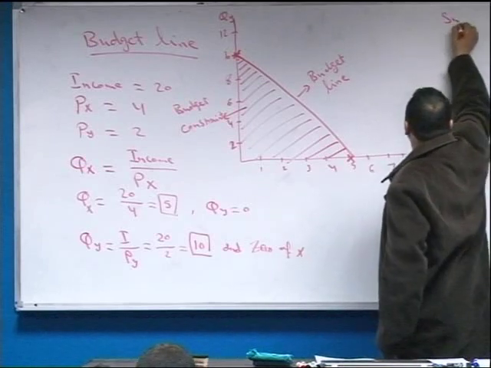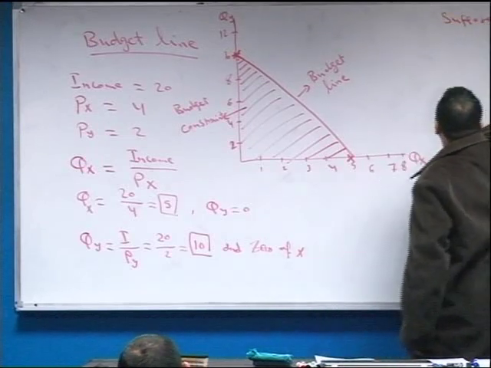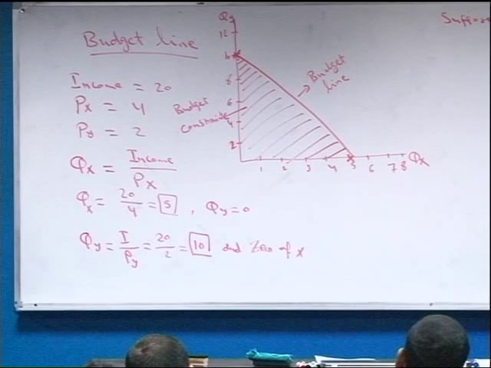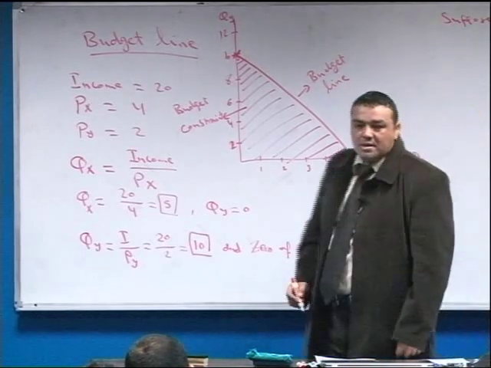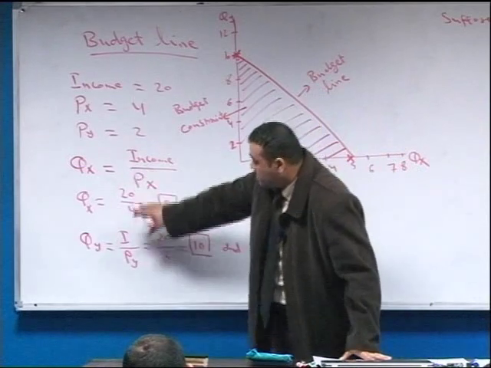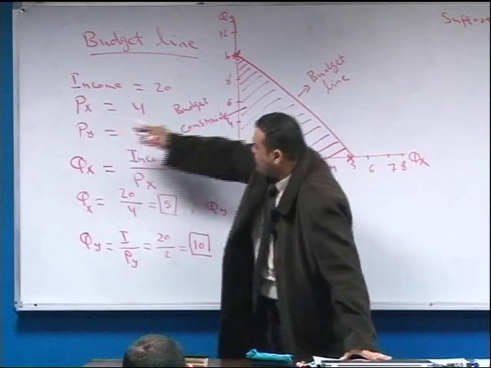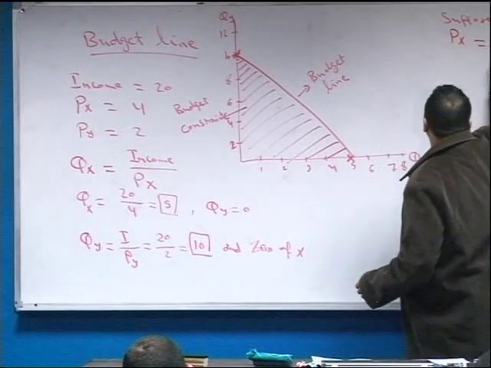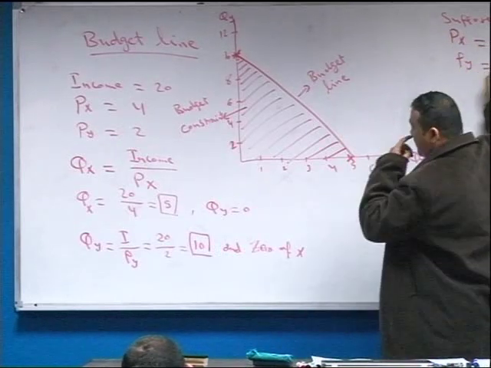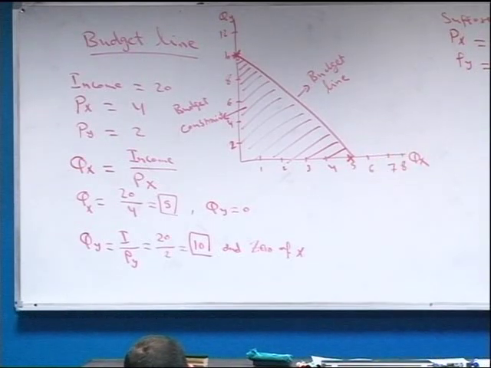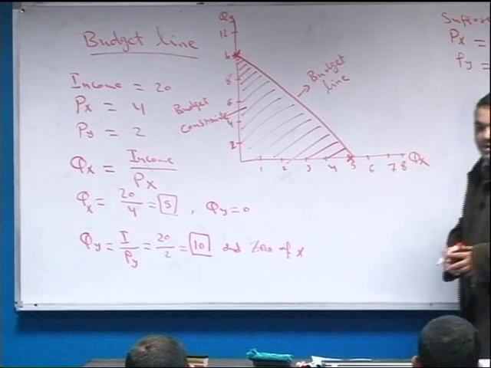Suppose income increased to 26 instead of 20, and the prices of X and Y remain constant at the original price. So price of X remains constant at 4, and the price of Y remains constant at 2. Draw the new budget line.